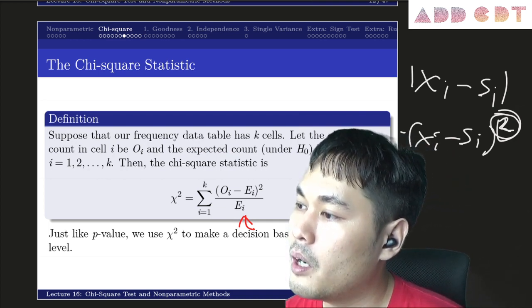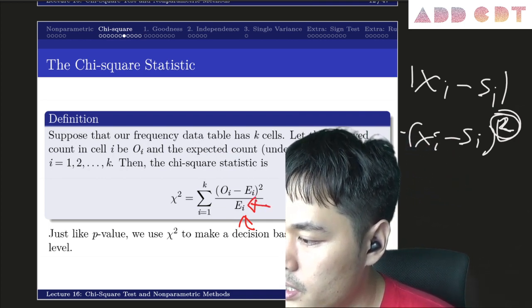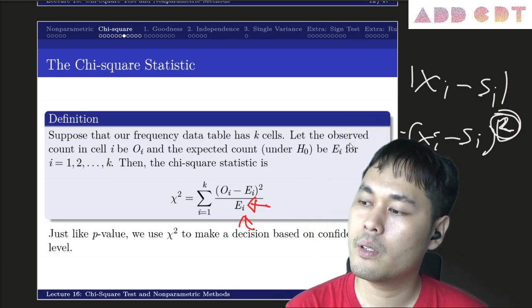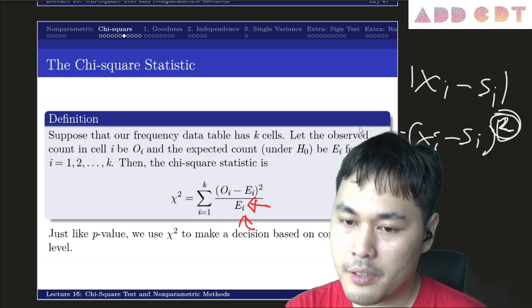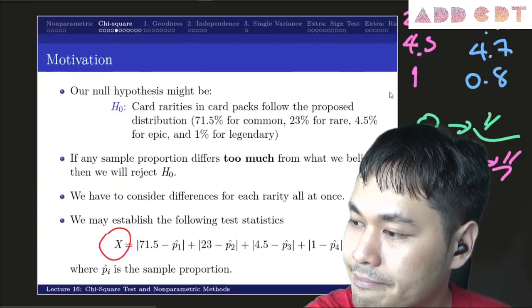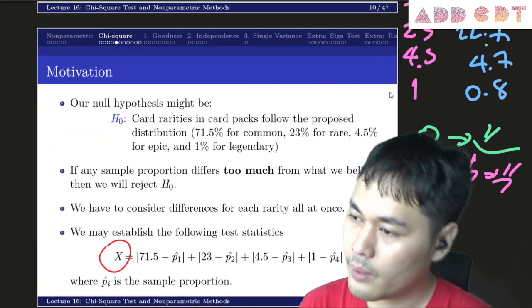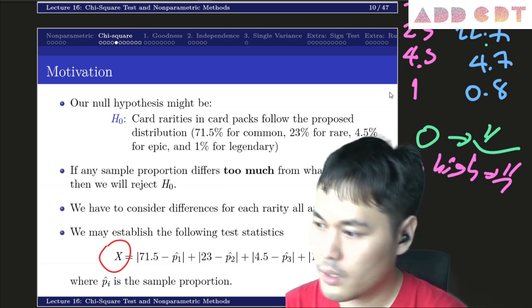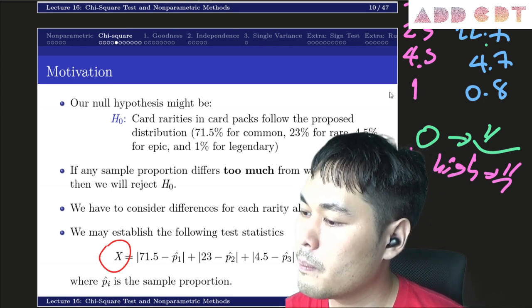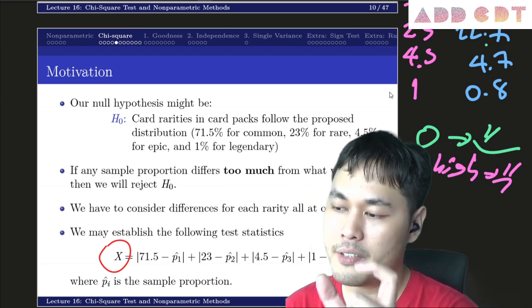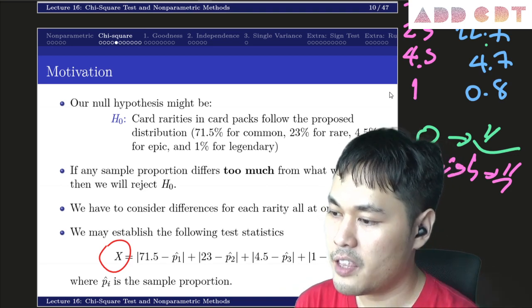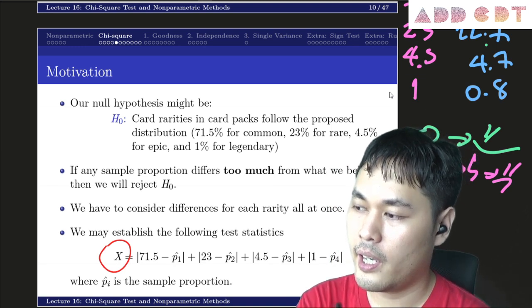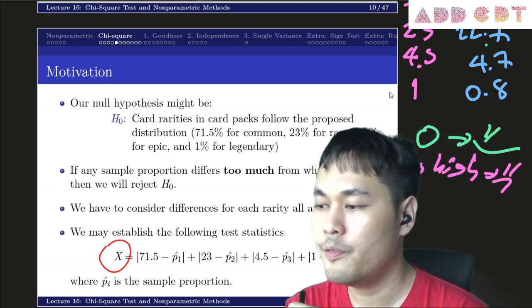And we also have to take into account the actual number itself. Because what we have up there, we want to get a number that says whether the expected number and the sample differ too much.